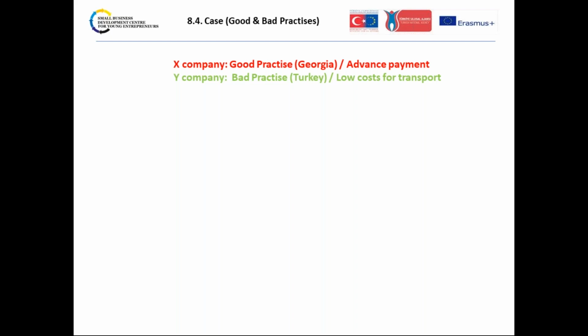But during the operations, he chose a very cheap transportation company in order to carry his goods. But due to this low price quality, the transportation company charged his customer too much.